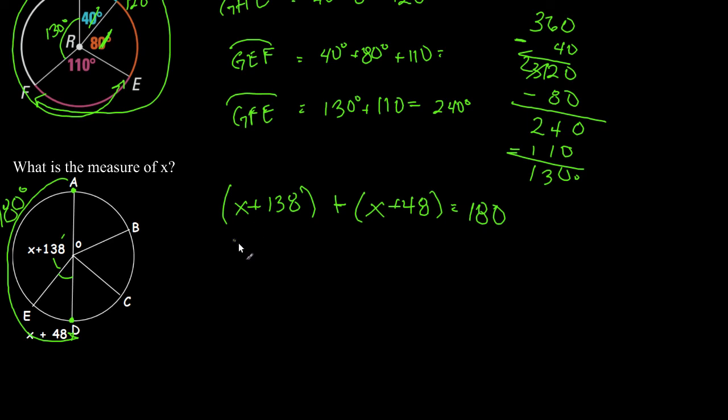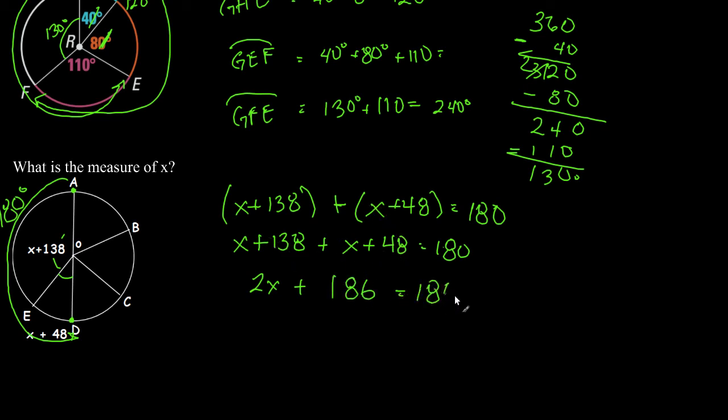We don't even need those parentheses, so I'll just drop them. I get 2x plus 6, 4 plus 3 is 7, 7 plus 1 is 8, and then we get 186 equals 180. From this point, you know how to solve for x. You subtract 186, 2x equals negative 6, divided by 2, x equals negative 3. All right, not too bad.